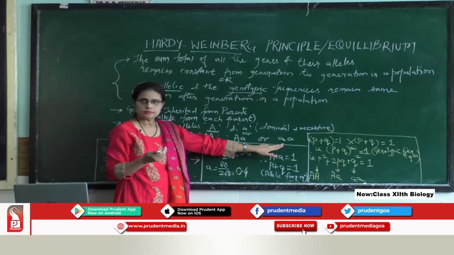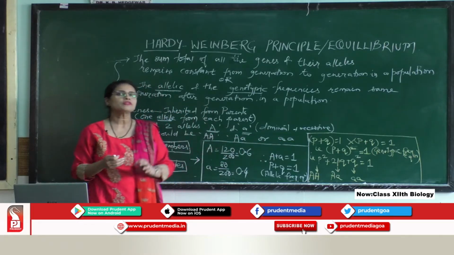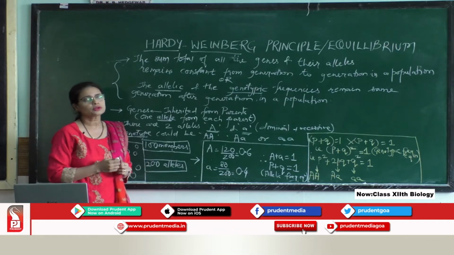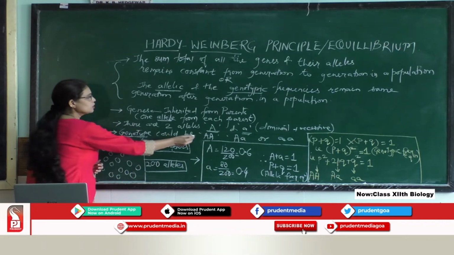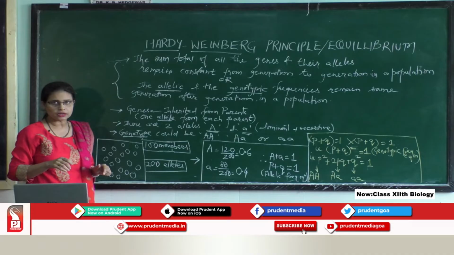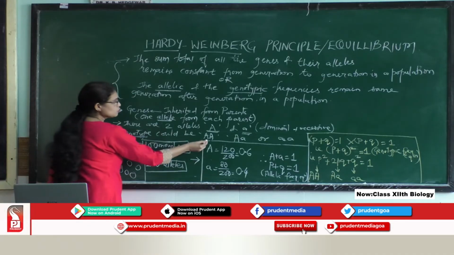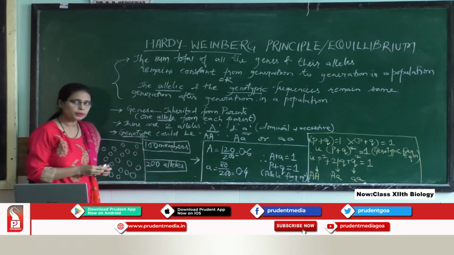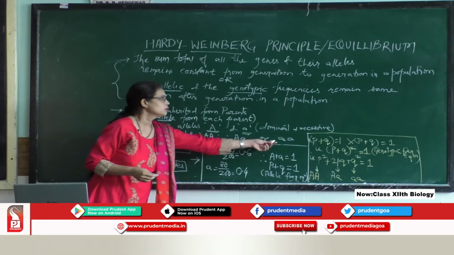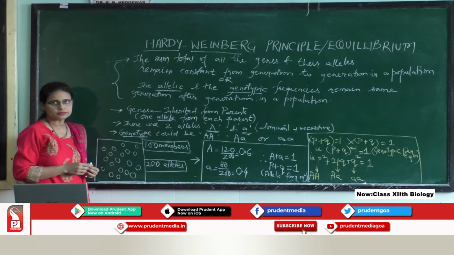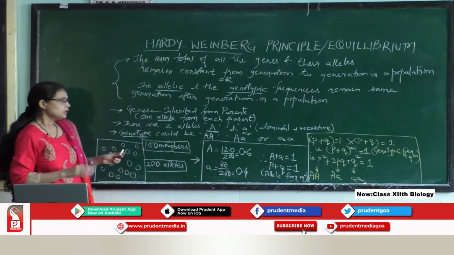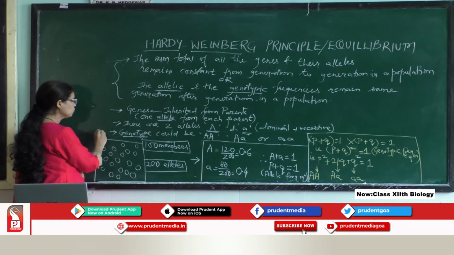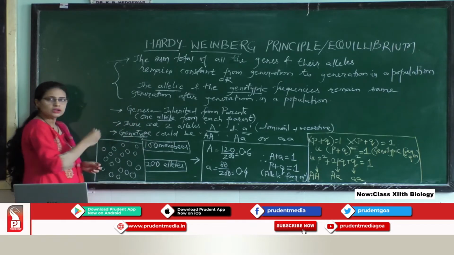Or you may receive both copies of the recessive allele, one from each of your parents. These are called genotypes for that particular trait. This is homozygous dominant, this is heterozygous dominant, and this is homozygous recessive. Clear? By now you know what alleles are and what genotypes are.